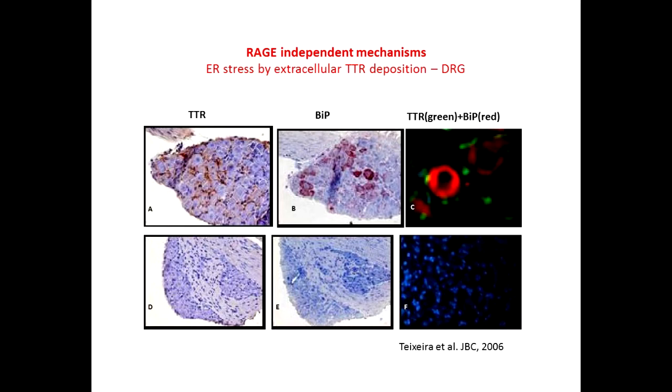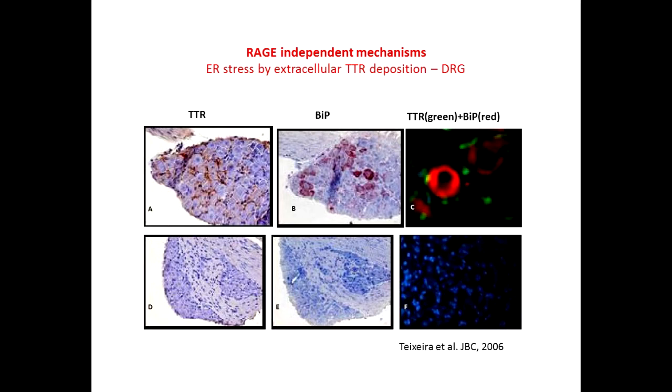So having access to this animal model, we were able to have material like dorsal root ganglion that is not accessible otherwise. And what you see here is an investigation of ER stress.